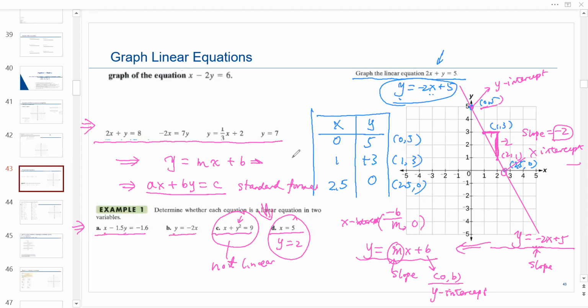This is called slope y-intercept format. Right? So you can read the slope here. You can read the y-intercept here. This is called slope y-intercept format. This is called standard format.